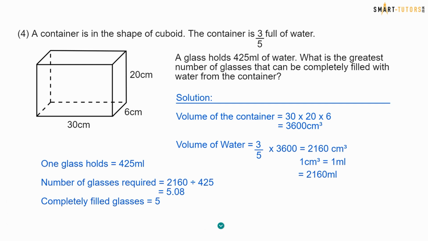The number of glasses required is 2160 milliliter divided by 425, which is precisely 5.08, but the question is a bit tricky. Completely filled glasses: only 5 completely filled glasses, then a little bit of water is left in the container. The question is not about how much is left in the container. The question is all about how many completely filled glasses, which is 5. That is question number 4.